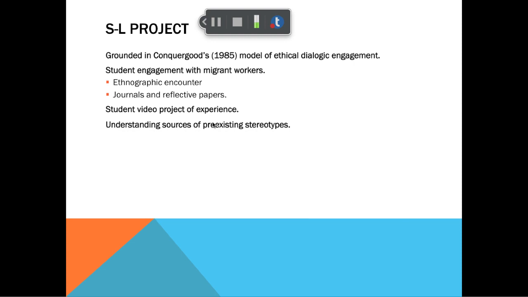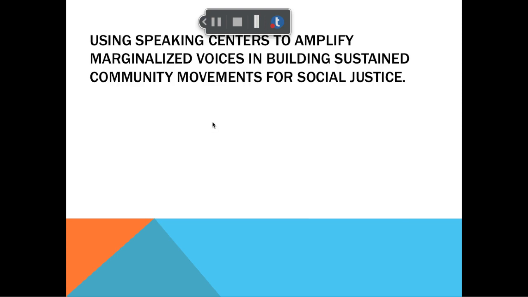So part of what they need to do is to get an understanding of the sources of pre-existing stereotypes regarding this population, right? And it was an opportunity to use course concepts such as code switching. So in this course, they just talked about code switching, how people can change their cultural codes to adapt to certain situations.